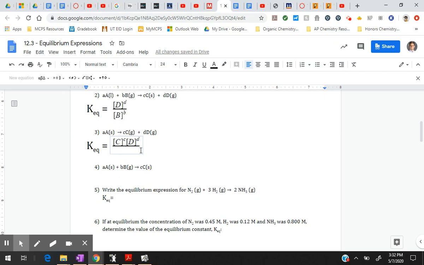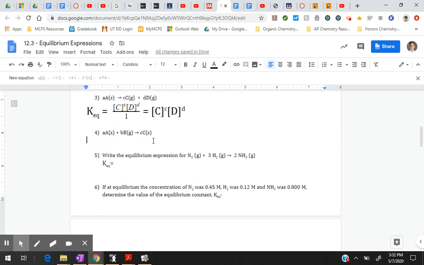So C to the c power times D to the d power divided by 1 maintains the same expression. I could then say that that is equal to the concentration of C raised to the c power times the concentration of D raised to the d power. So this would be my final answer for this particular problem.